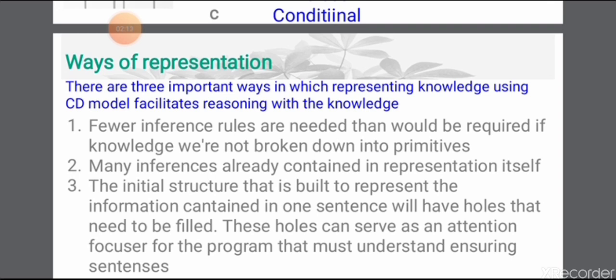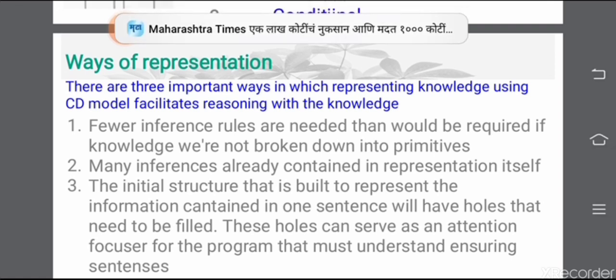Meaning, if you don't break your knowledge into different kinds of primitives, you need more rules than generally needed. So you require fewer rules to represent your knowledge with the help of CD. The second way is that many inferences are already contained in the representation itself.